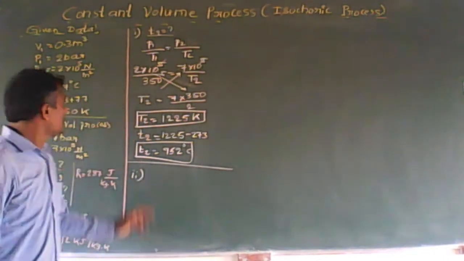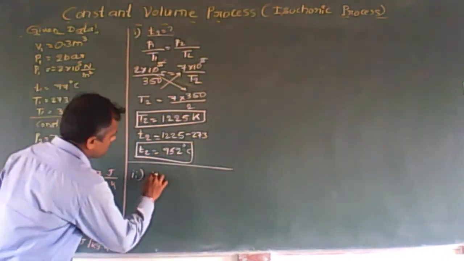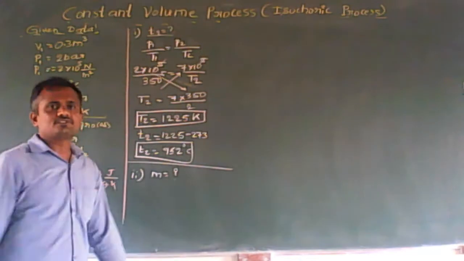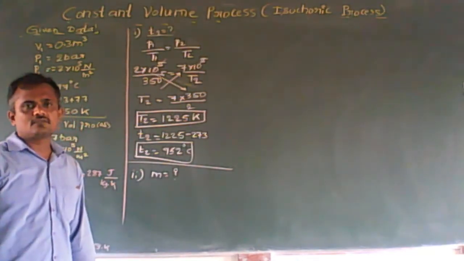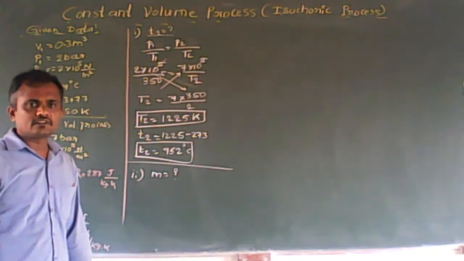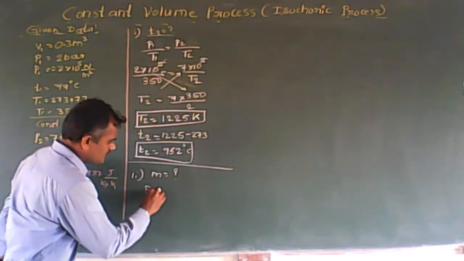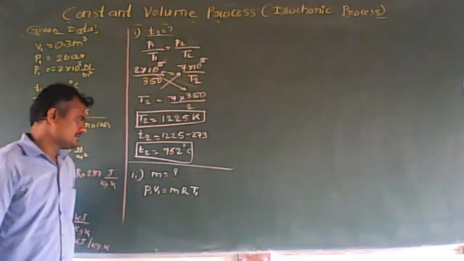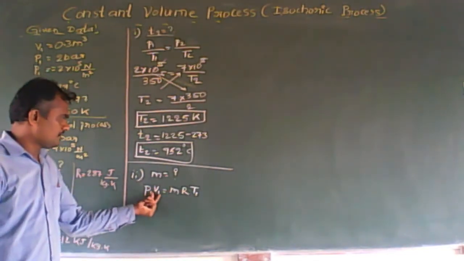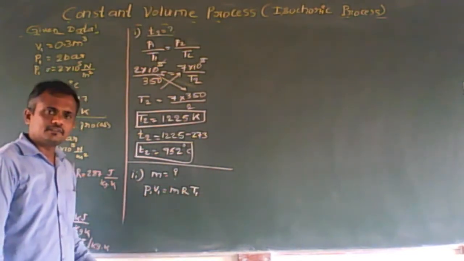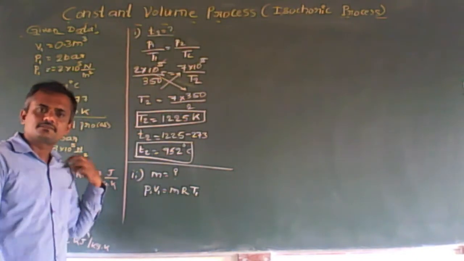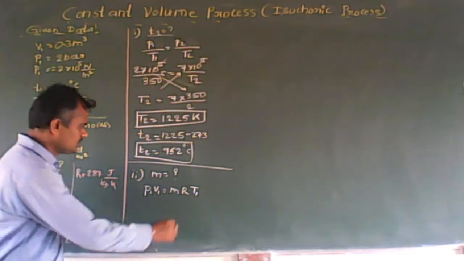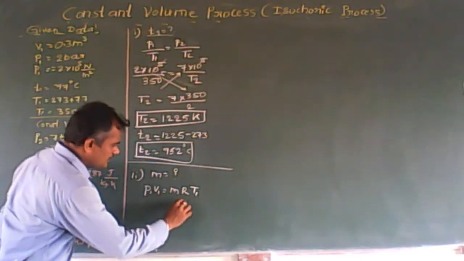We have to concentrate on calculating the mass value. In which equation is m available? As you know, the characteristic gas equation is P1 V1 equals m into R into T1, correct? In this, P1, V1, R and T1 are given, so we can easily calculate the mass.